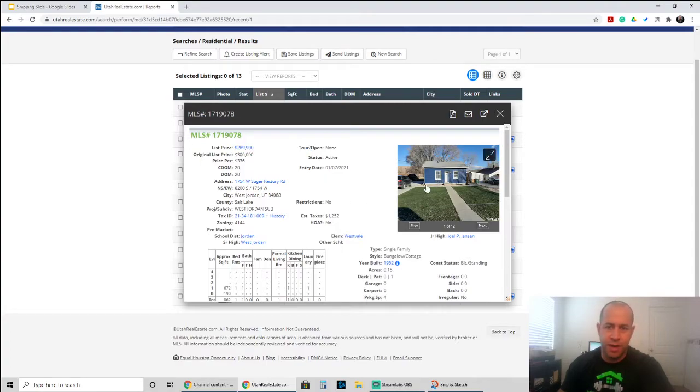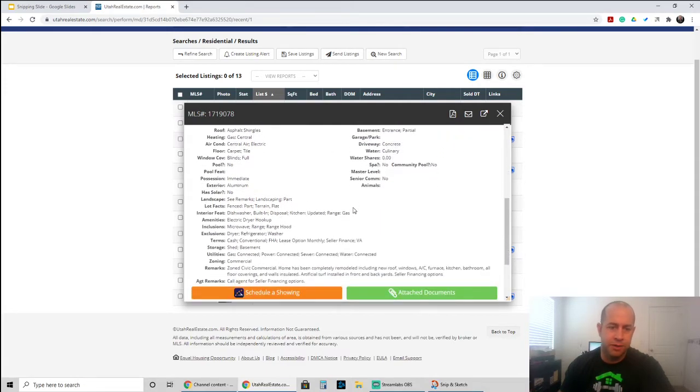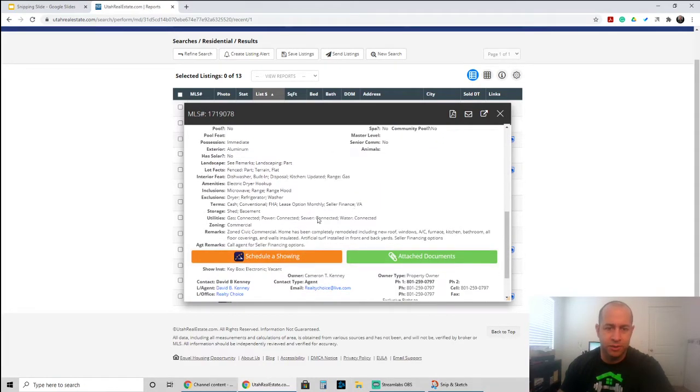It's tiny, so that's why they're probably way too high. Like $336 a square foot is unreal. Nobody's going to buy that right now. I mean, that's just too high in West Jordan. Anyway, zone Civic Commercial. So that may have a feature for a client you were looking for. You could call the agent for the seller financing options.